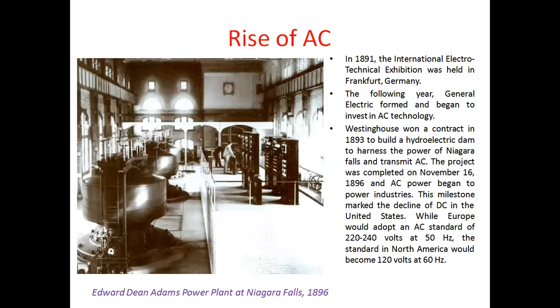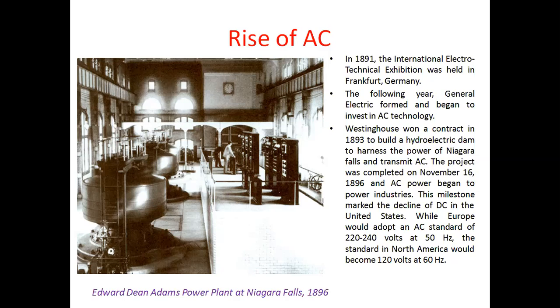Next point is the rise of alternating current. In 1891, the International Electrotechnical Exhibition was held in Germany and displayed the first long distance transmission of three phase alternating current, three phase AC, which powered lights and motors at the exhibition. Several representatives from General Electric Company were present and were impressed by the display. The following year, General Electric was formed and began to invest in AC technology.